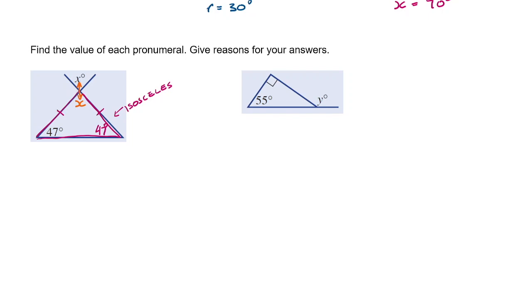Therefore, x plus 47 plus 47 equals 180. And the reason for this is because that's the angle sum of a triangle. We know that's true.